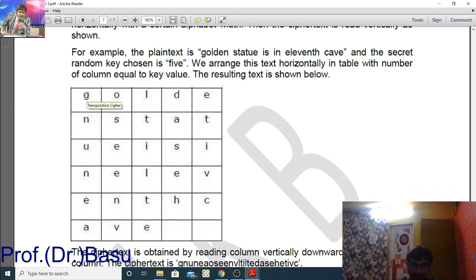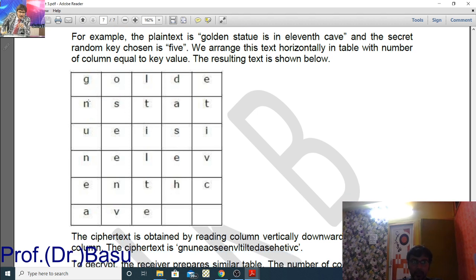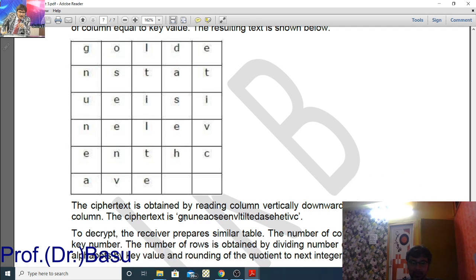We will be taking the elements in the column-wise manner. Here we are writing using the row-wise method, but for getting the cipher text, we will be considering the column-wise method. Means the resulting text will be this: GNUNEA, then OSEENV.